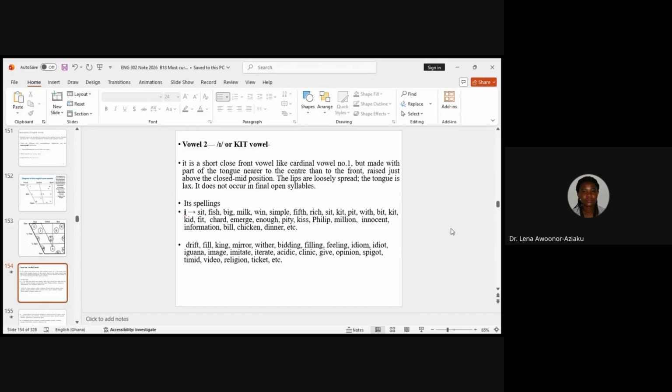Those who say the clause is the highest grammatical unit, or those who say a sentence is the highest level of the grammatical unit, they have reasons. Now, all the units have functions, but the function does not change the form.